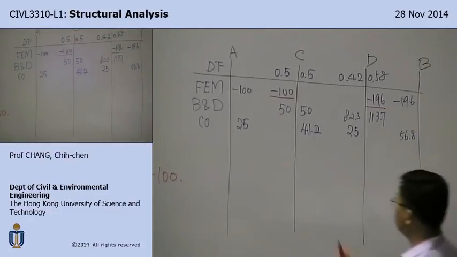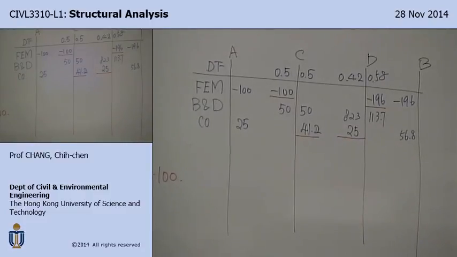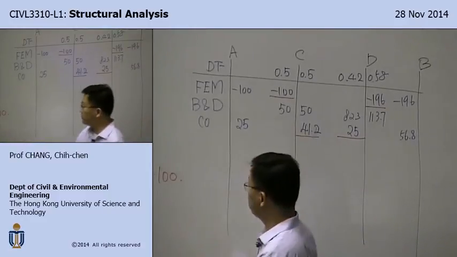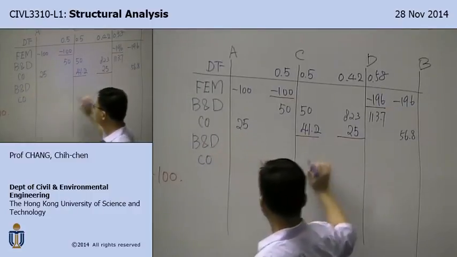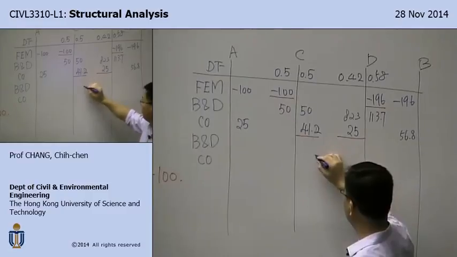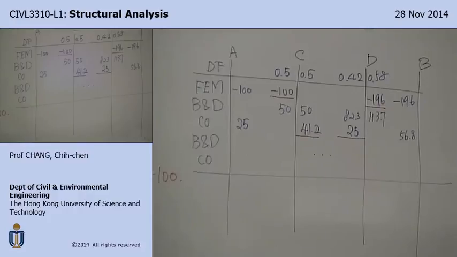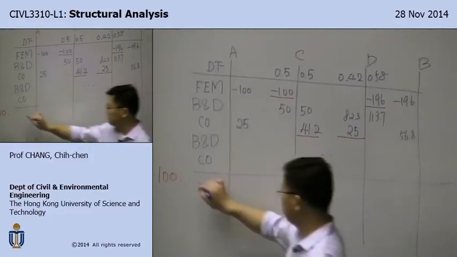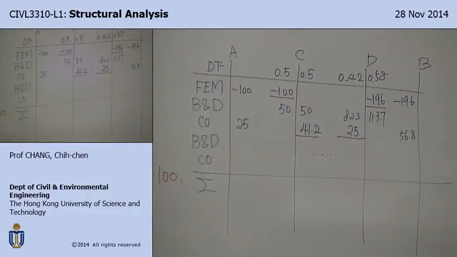So is there any assumed condition? Yes, here are the assumed conditions. So you need to do a balance and distribute, followed by carryover. You do this a few more times, and when the number gets small, then you can stop.